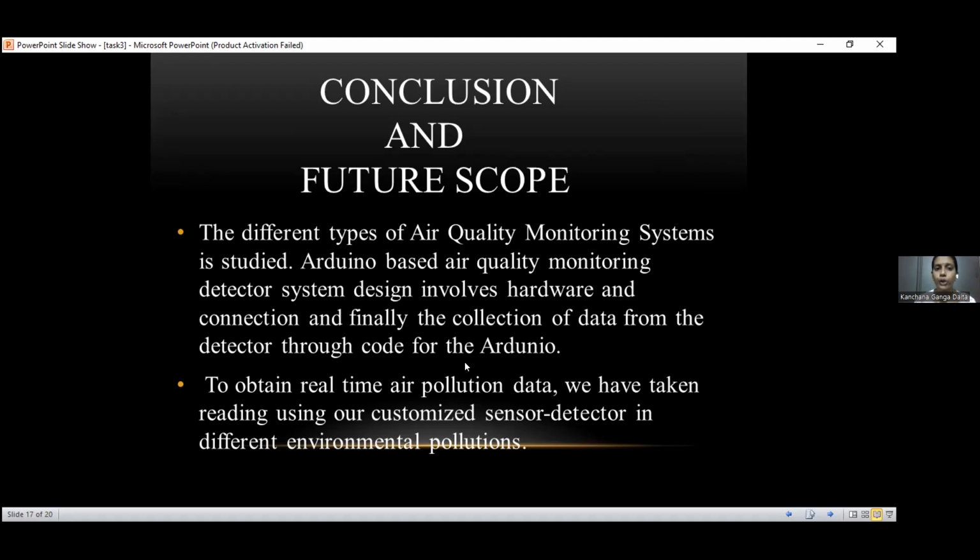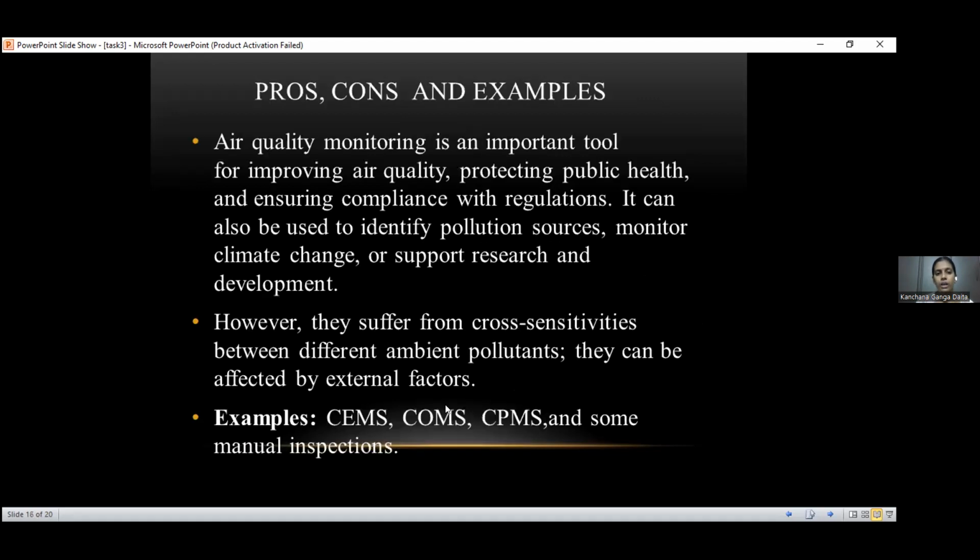Not only Arduino, but also any microcontrollers or DSPs can be used to process this air quality data and give the output. So for any future requirements, this could be a very good application, to detect environmental pollution, and these sensors also have very good applications in future.